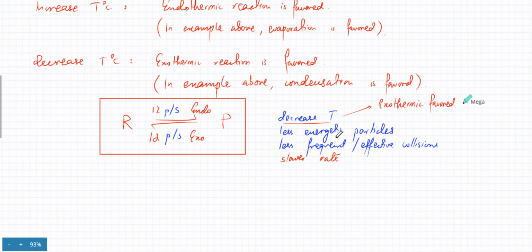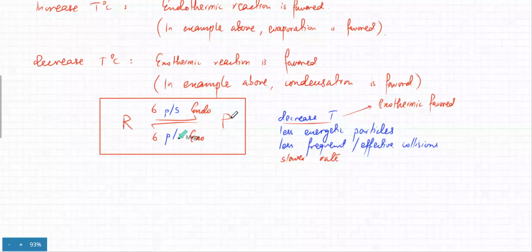Now, very carefully, this point is slightly trickier. Don't confuse rate of reaction with this thing. You're decreasing temperature, so whenever you decrease temperature, both reactions would slow down. Let's decrease the speed to 6 particles per second changing from reactants to products.